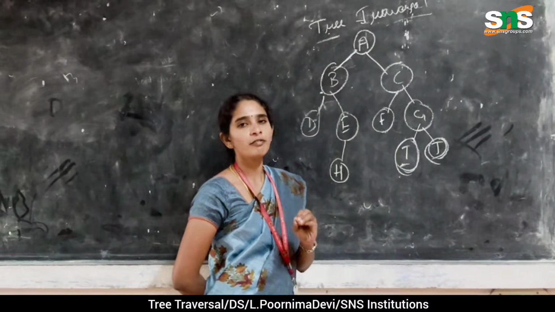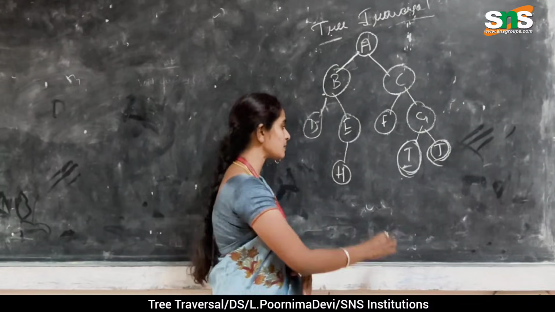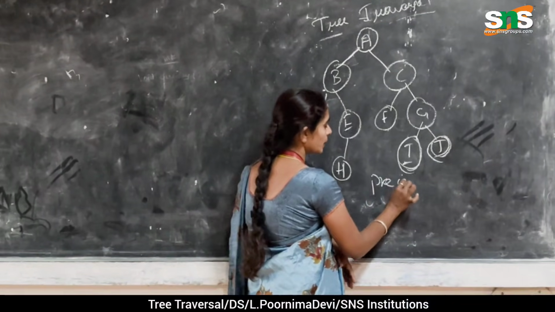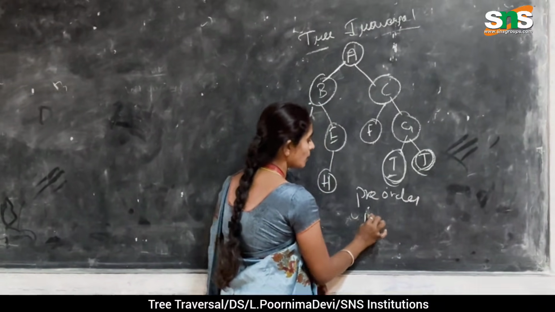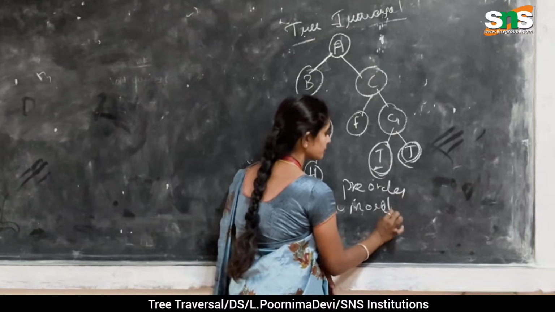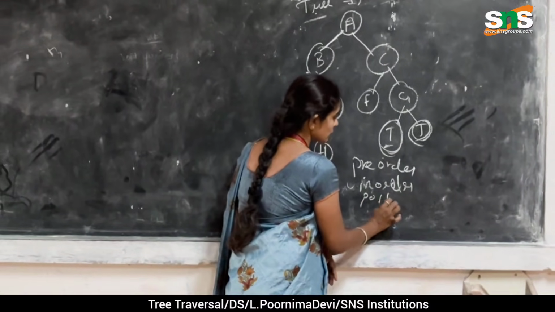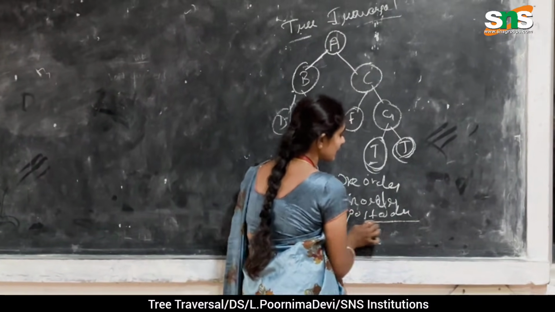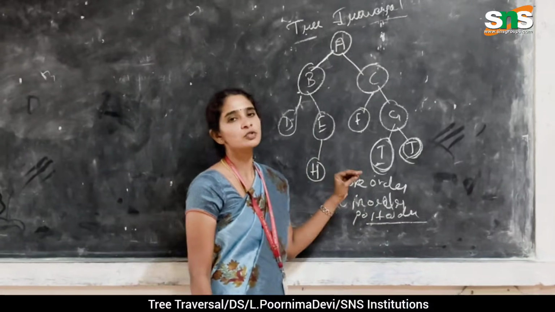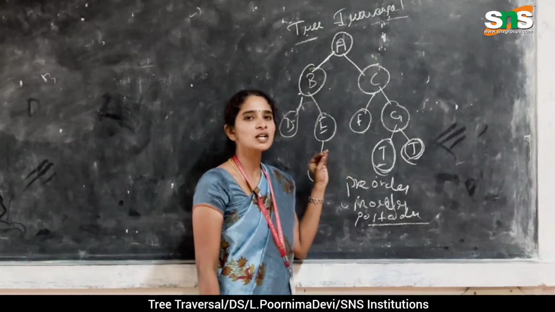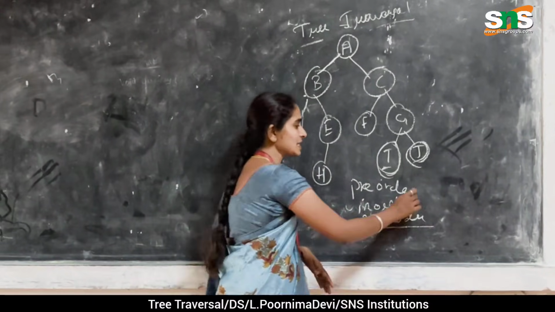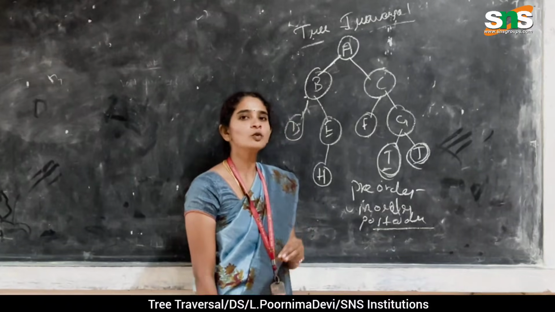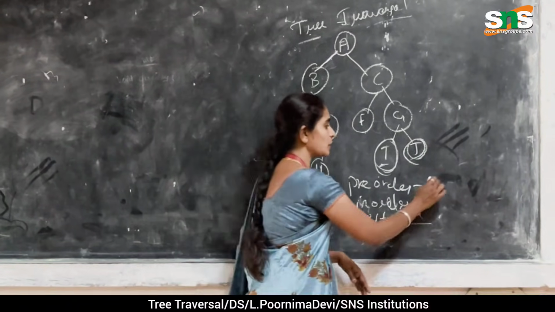We follow three types: preorder, inorder and postorder. These three types are used for traversing each and every node. In preorder we give the first preference to the root.